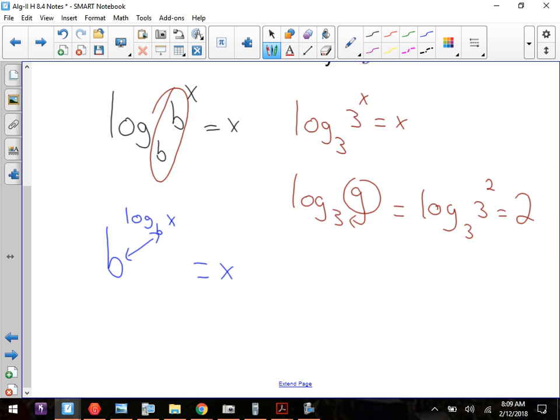So if I have 4 to the log base 4 of x, that just means it's x. It's just another way of rewriting. When we go to solve equations with these things eventually, that's kind of called exponentiating something. When you raise it to a log base, it's a technical term.